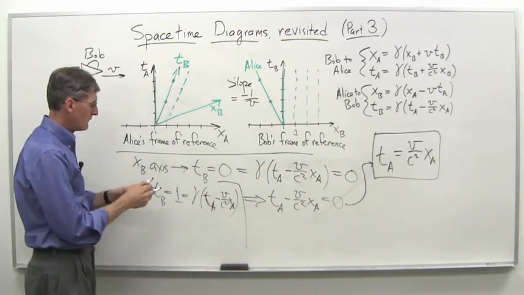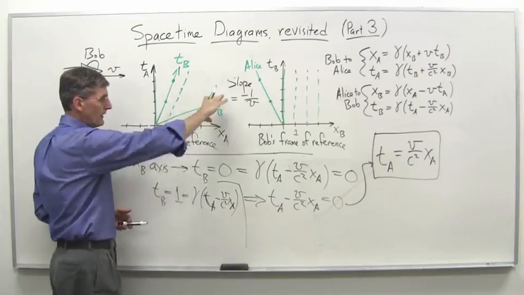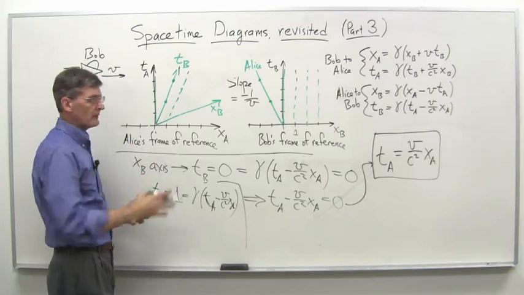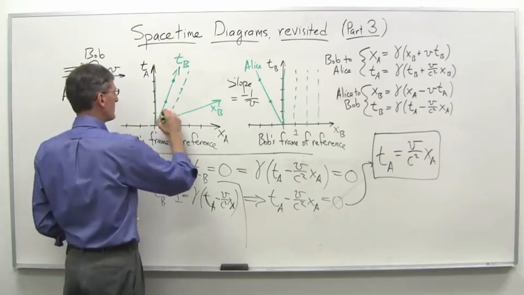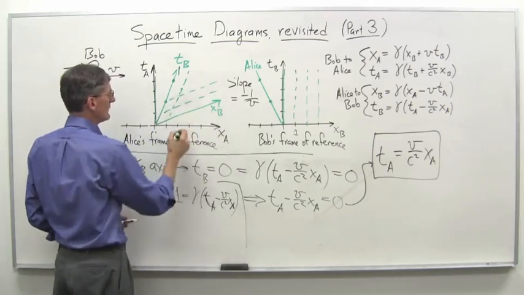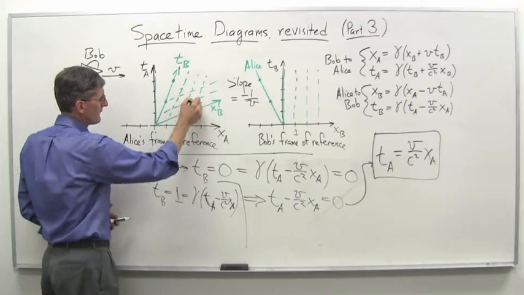And we'd find that the lines of simultaneity for the x sub b axis here on Alice's frame of reference would be parallel to the x sub b axis. So they look something like this. And the lines of same location look something like that.